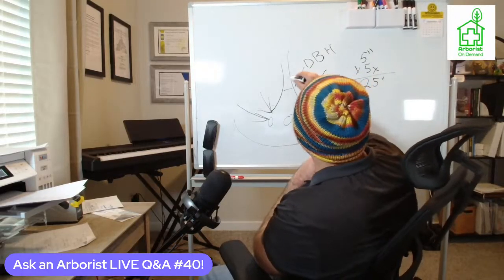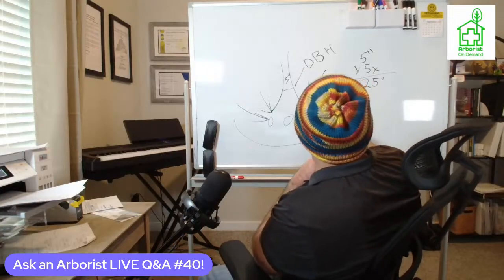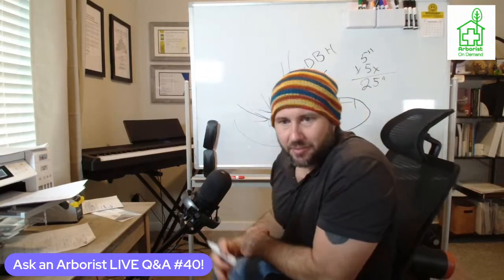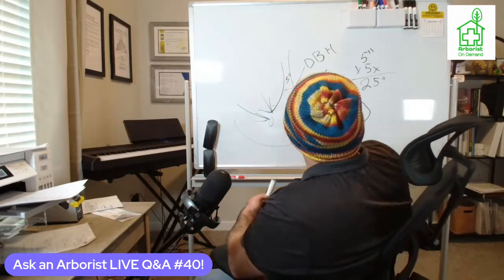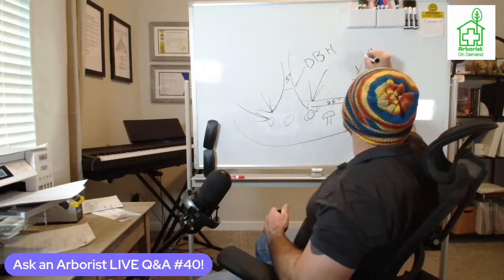So if you've got a 5-inch DBH tree, you want to go 2 feet or more, 25 inches. And for those of you that are mathematicians, 24 inches is 2 feet. But let's say you scale that up. Let's say you've got a 12-inch tree.